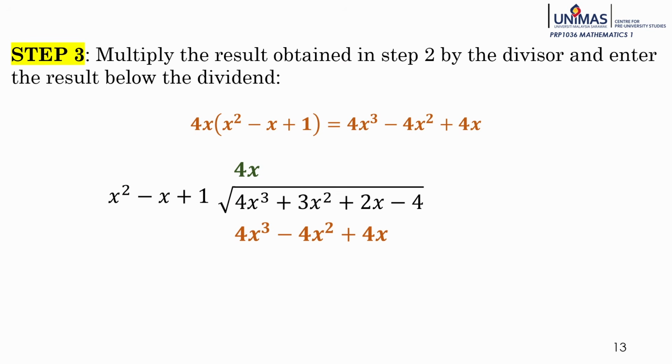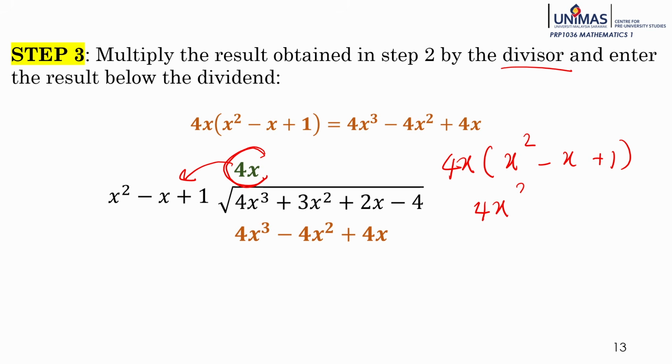Step 3: multiply the result obtained in step 2 by the divisor and enter the result below the dividend. So 4x must be multiplied by x squared minus x plus 1. We get 4x cubed minus 4x squared plus 4x, and this answer must be put here.